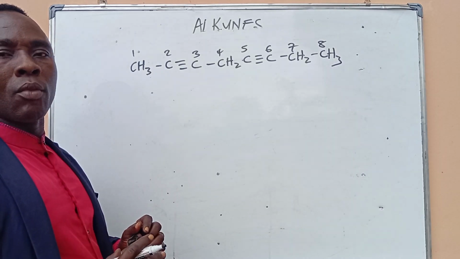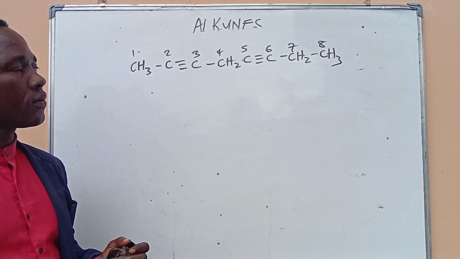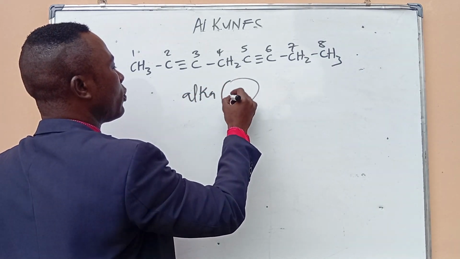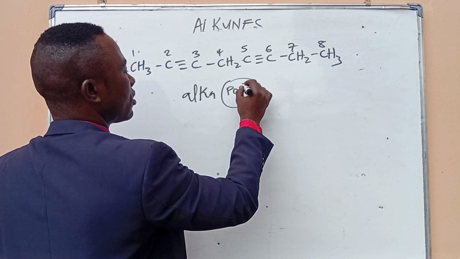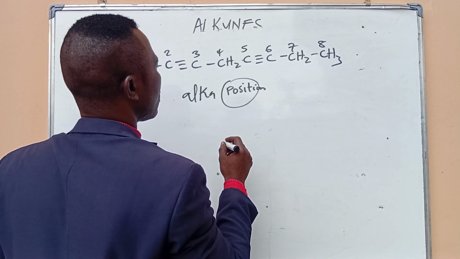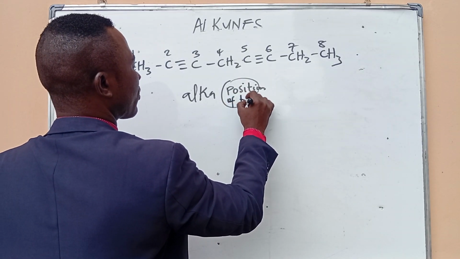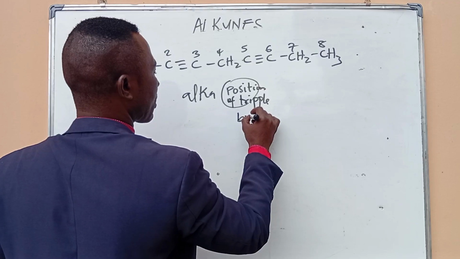When there are 2 or more triple bonds, the name is named as alkyne, then we put the position of the triple bond.